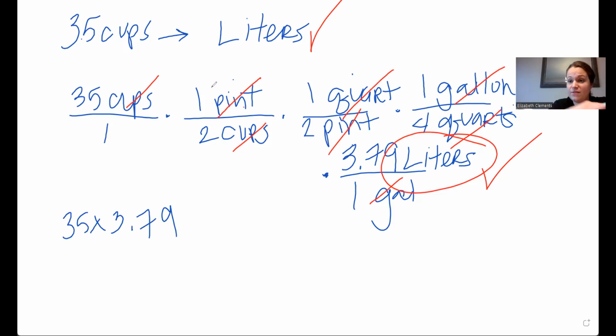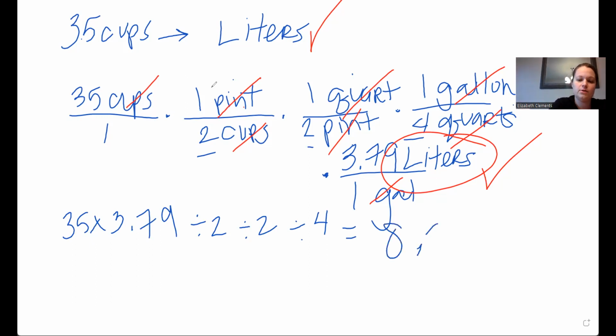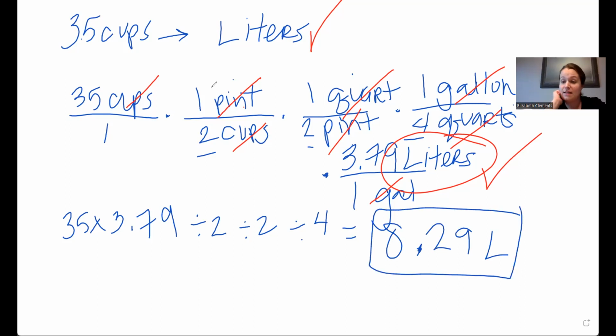And I'm going to look at all the stuff in the denominator and divide by all those things. So I have a 2 here. So I'm going to divide by 2, divide by another 2, and divide by my 4 there. And then dividing by 1 doesn't change anything. So after doing that, I should end up with 8.29 liters. And that's my answer.